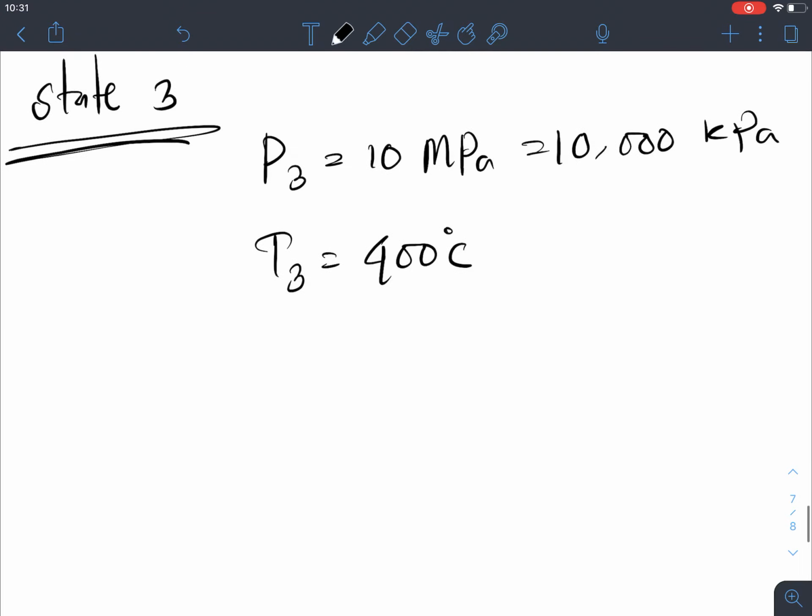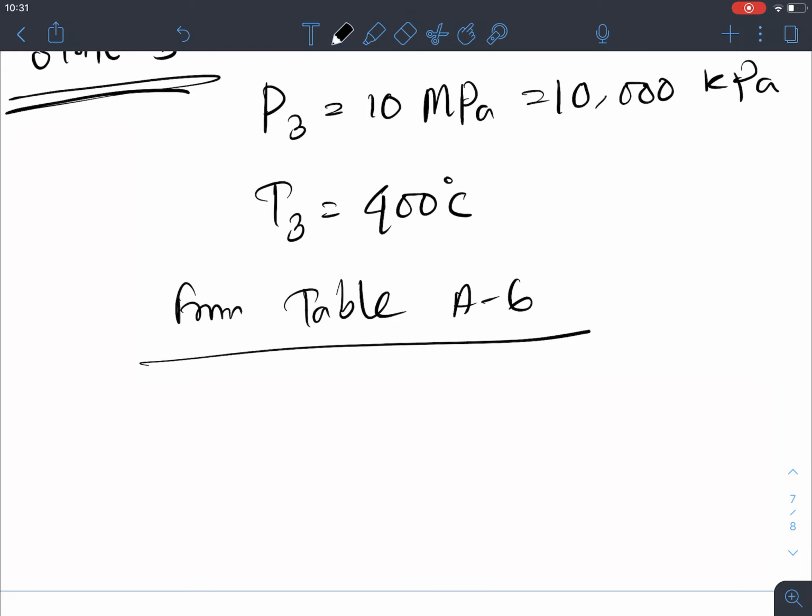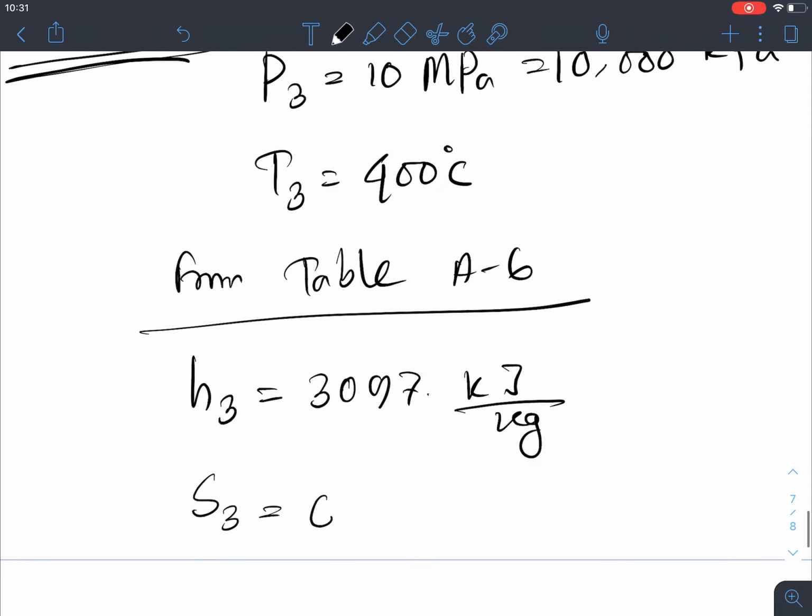So with respect to T3 equals 400 degrees Celsius, from table A6 we get H3, which is 3097 kilojoule per kg, and S3, 6.2141 kilojoule per kg Kelvin.